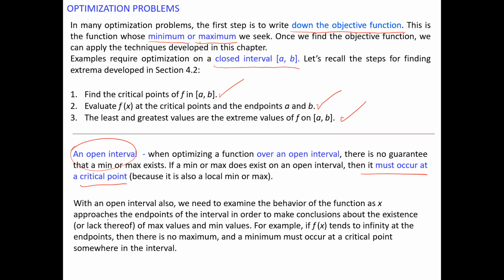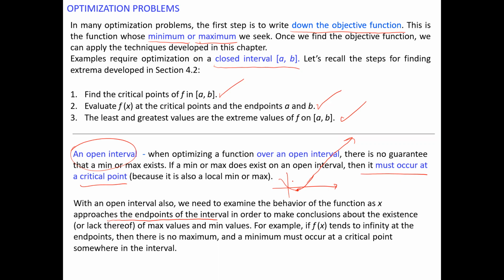We have to look at how the function behaves at the endpoints. For instance, if we found a local minimum value, and then the function at infinity goes to infinity, then yes, we will say this is the lowest point. That's what we have to check. We have to make sure that we definitely found extreme values.